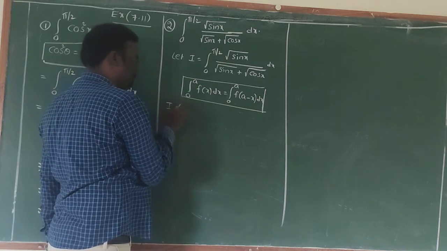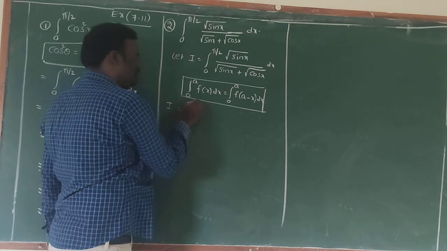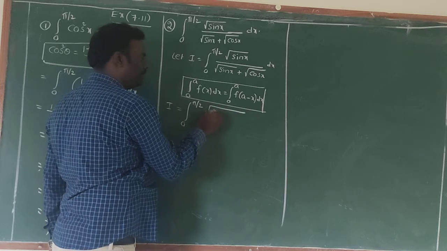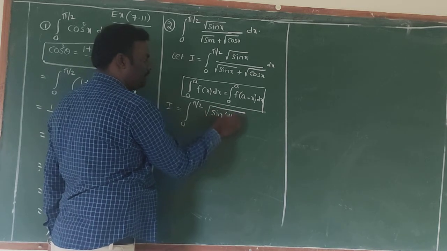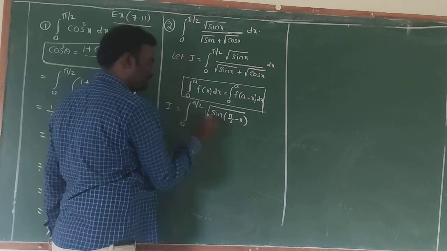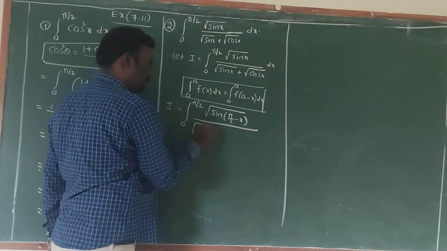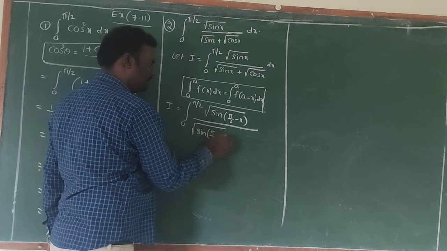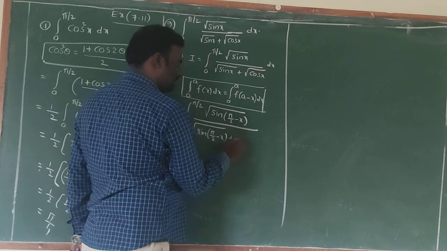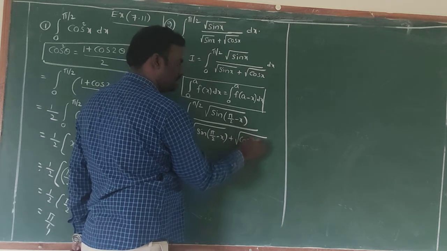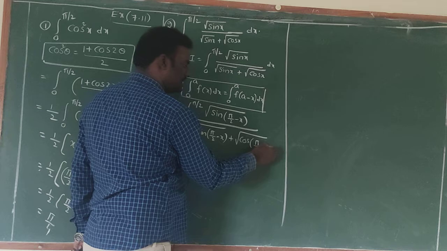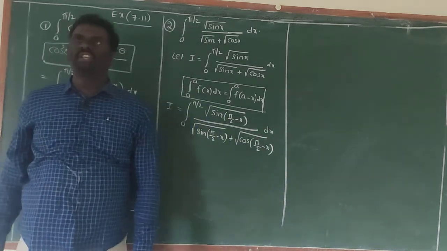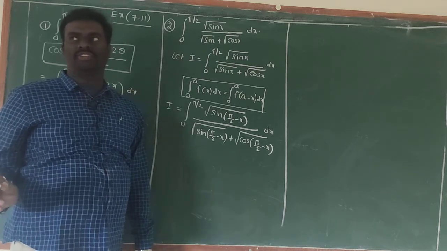Then I equals the integral from 0 to pi by 2 of under root of sin pi by 2 minus x by under root of sin pi by 2 minus x plus under root of cos pi by 2 minus x dx. For pi by 2 the function will change. Sin is changed to cos and cos is changed to sin.